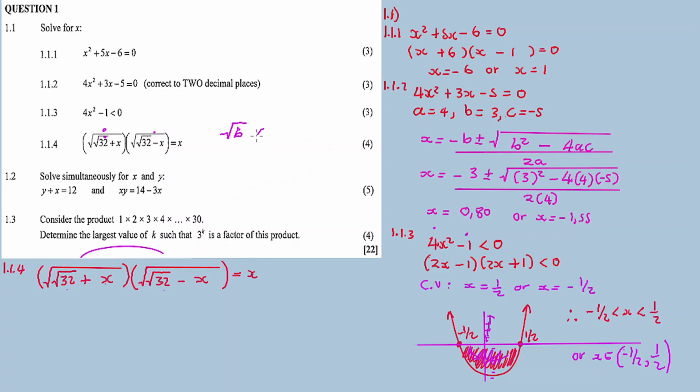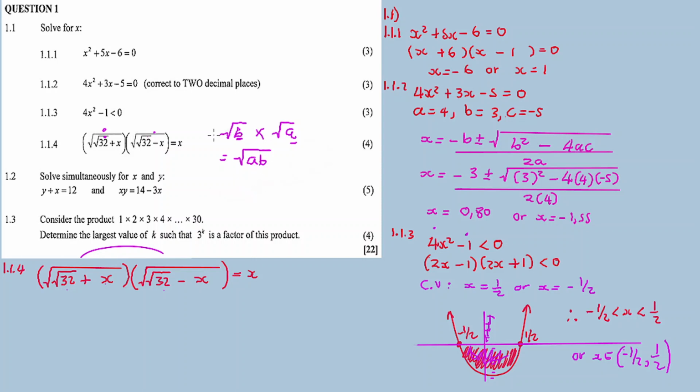If we multiply square roots and the bases are not the same, you take the square root of a times the square root of b, and your answer will be the square root of ab.